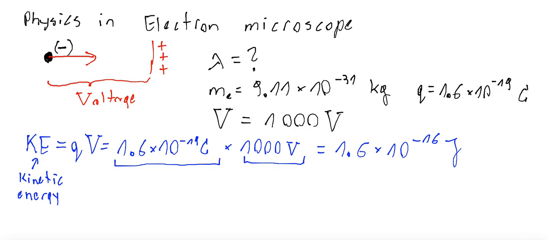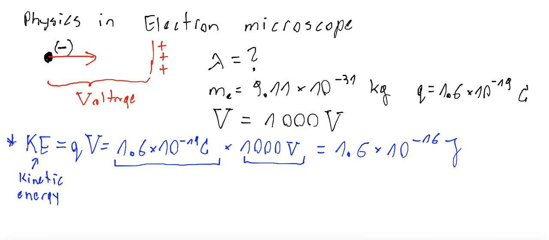Okay, so when a single electron is placed in a potential difference of 1000 volts, it gains energy of 1.6 times 10 to the power of minus 16 joules. Okay, so that was the first part of the solution.